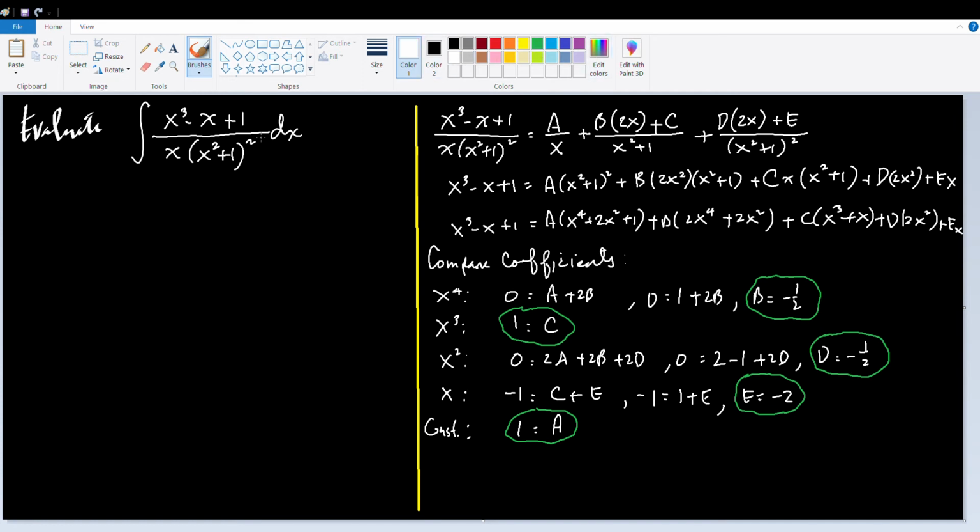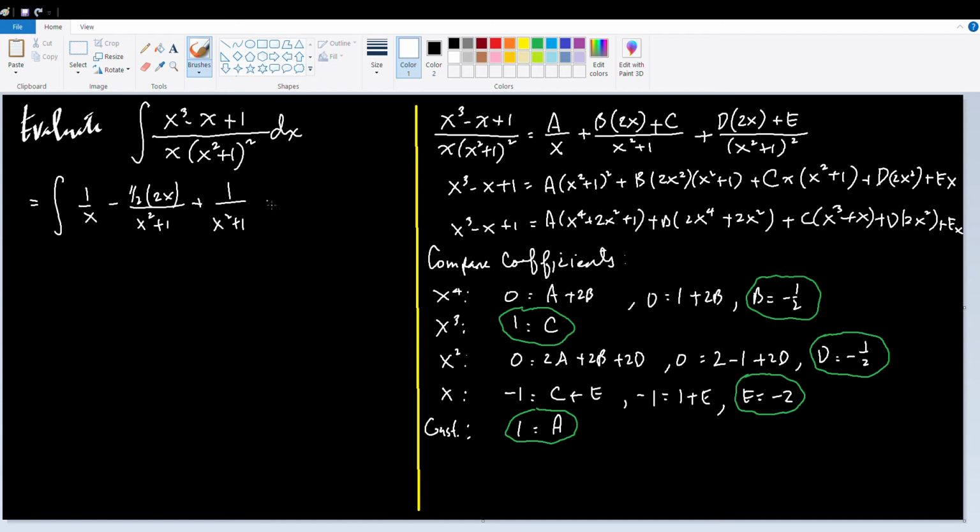So we shall now write our integral as the integral of a, 1 over x, plus b, negative 1/2 times 2x over x squared plus 1, plus c, which is 1, so 1 over x squared plus 1.